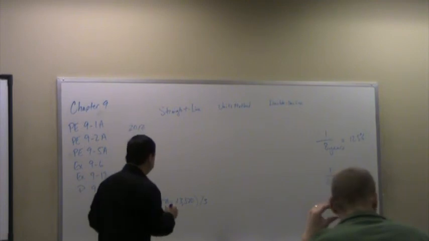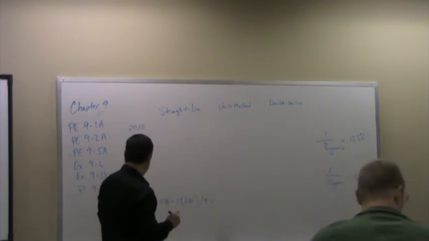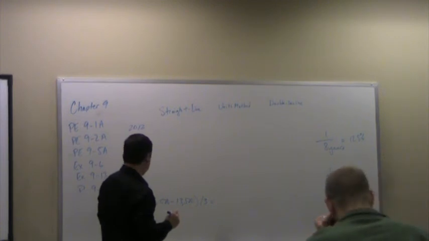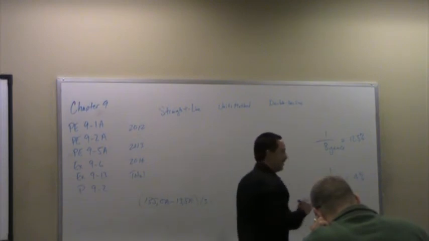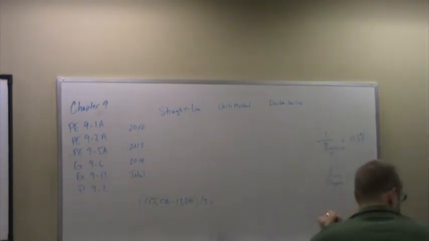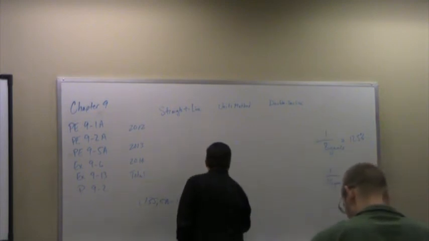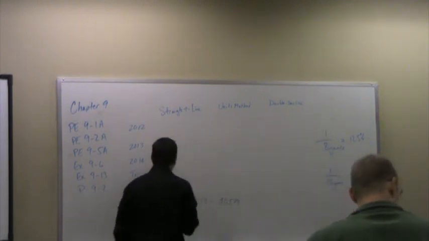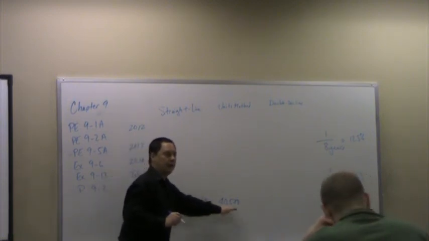So how much is that? Looks like it's, I should figure that out. What would you guys tell me? 40,500. So this is what we are going to depreciate each year in straight line.